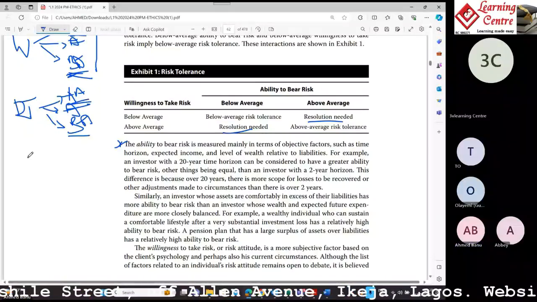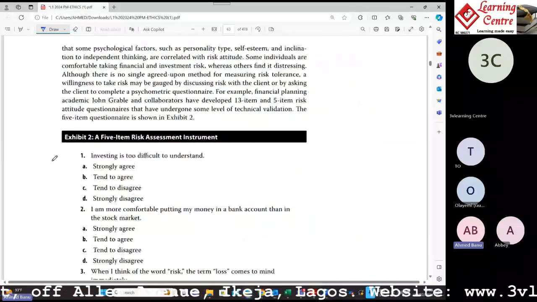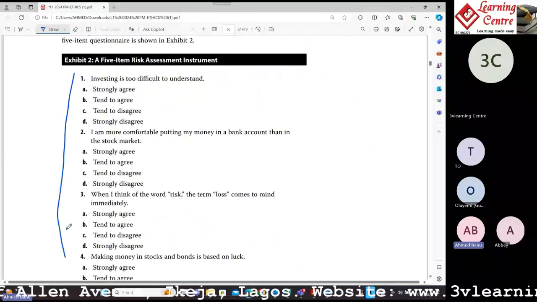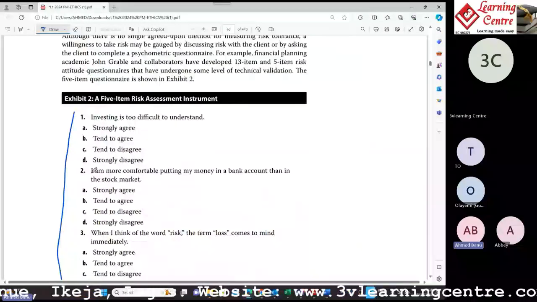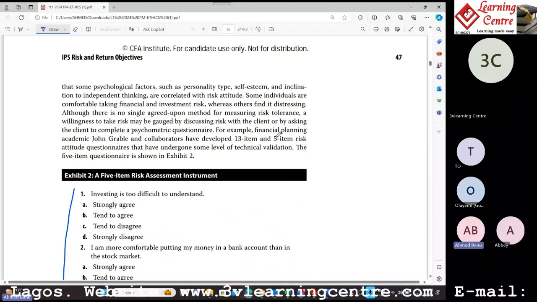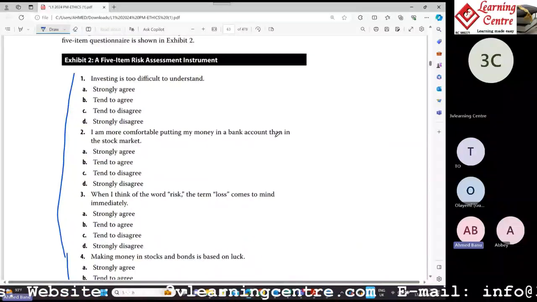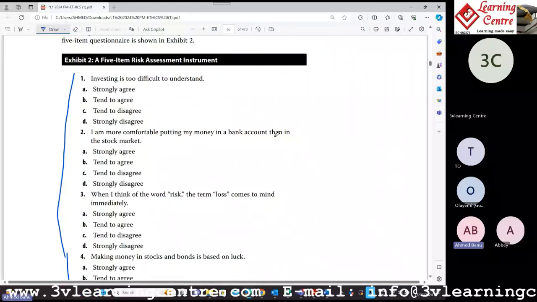So in order for us to judge your willingness, most times we use a questionnaire, something like this. This is just a short summarized one, but some people's questionnaires are more advanced than this. It asks you questions. Investing is too difficult to understand.